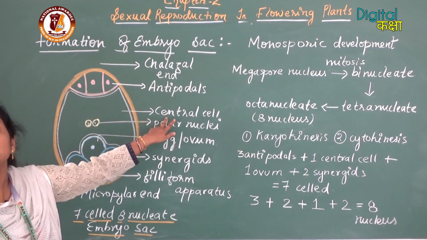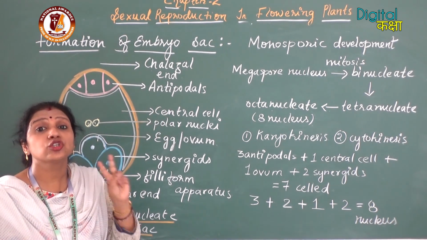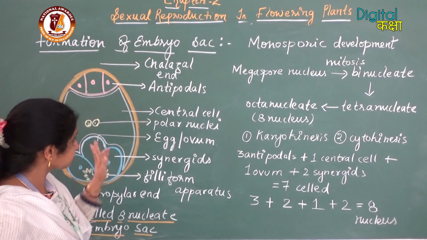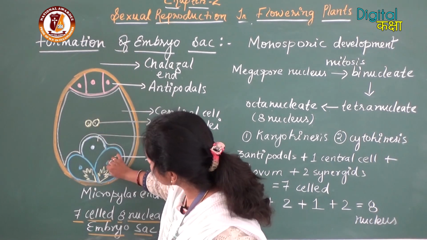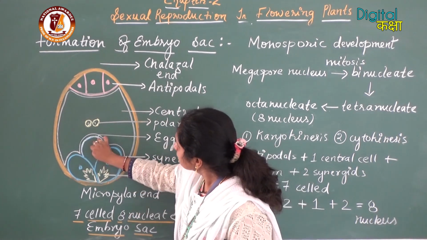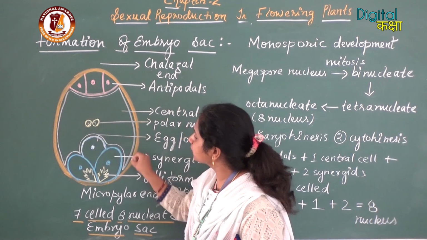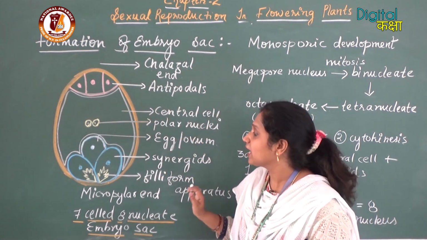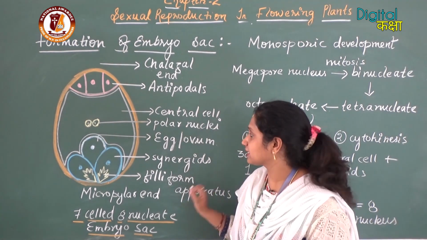This is called the central cell, and the central cell contains 2 nuclei. Now moving down, here 3 nuclei are there, and surrounding them the cell wall will be formed, resulting in 3 cells.